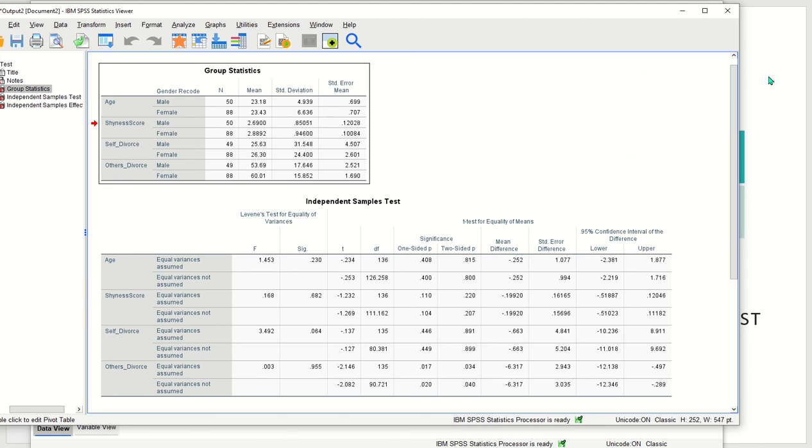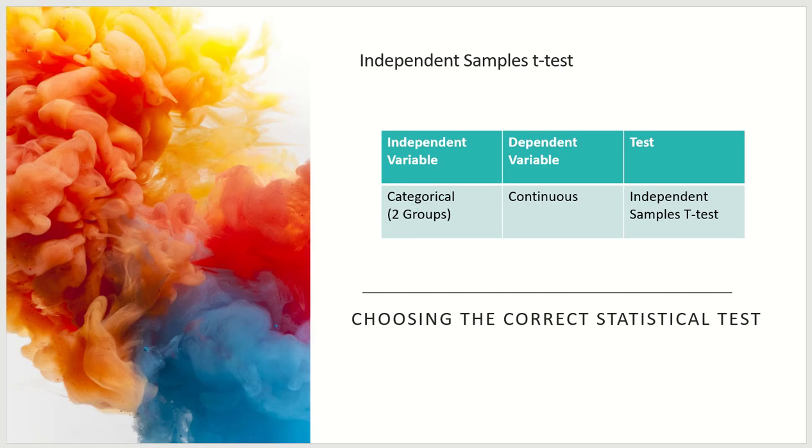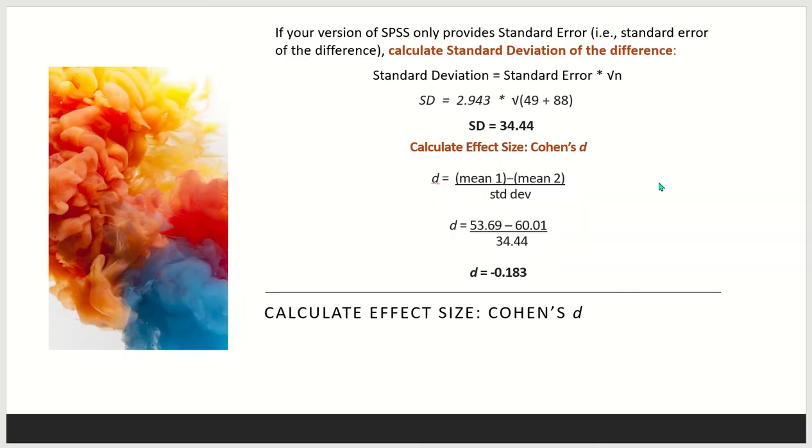All right, so now that we know what the outcomes are, we're going to stick to looking at that significant indicator and show how to report this in APA format. And in order to do that, we need to know what the effect size is.